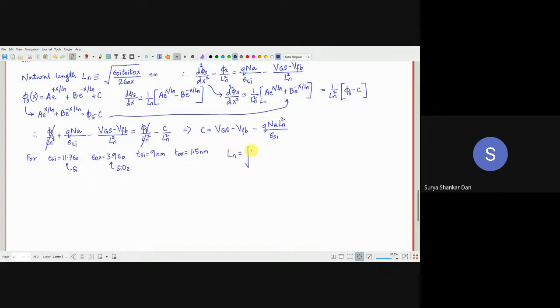Anyway, once we have this, your ln is approximately equal to 11.7, epsilon naught I don't bother with because they will cancel, TSI is 9 nanometer, TOX is 1.5 nanometer, divided by 2 into 3.9.